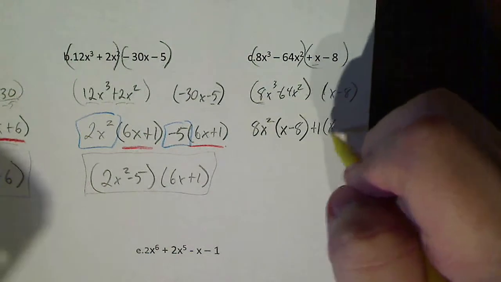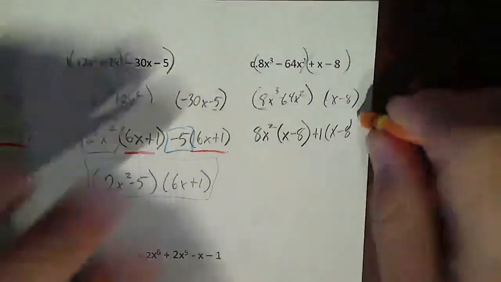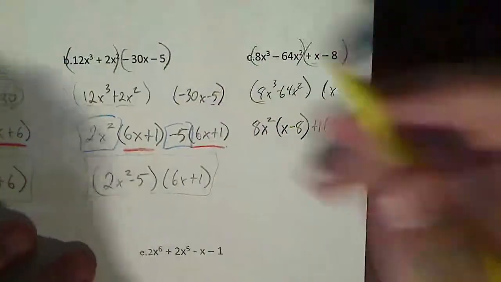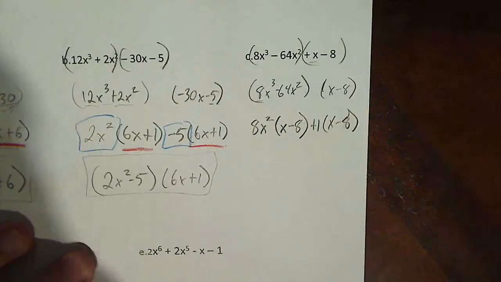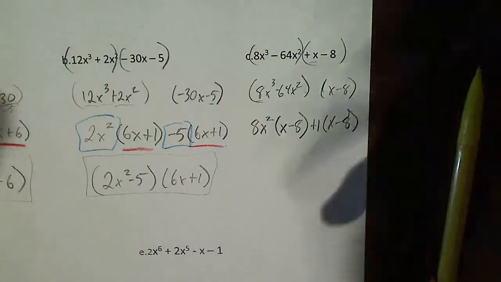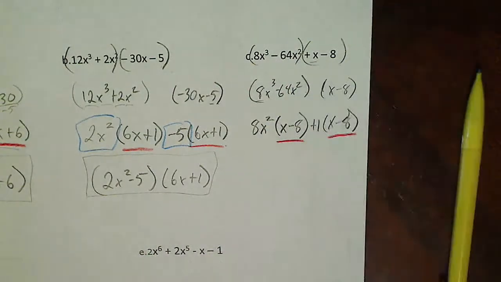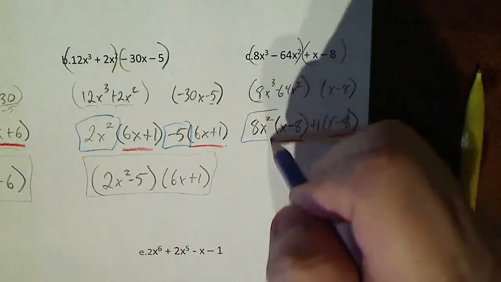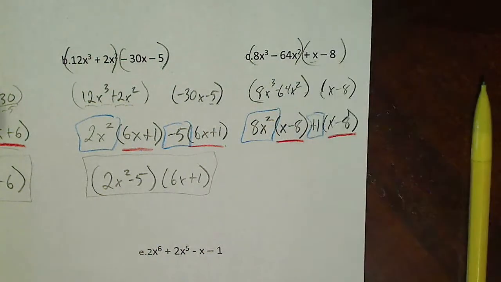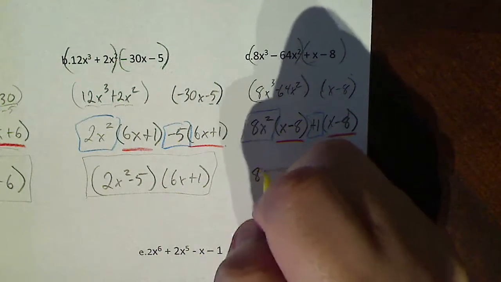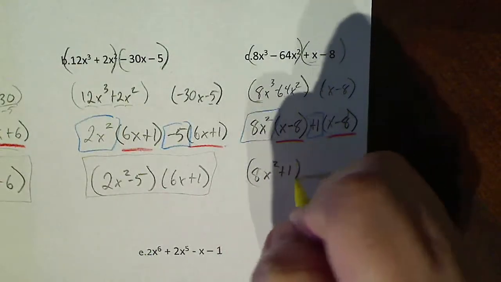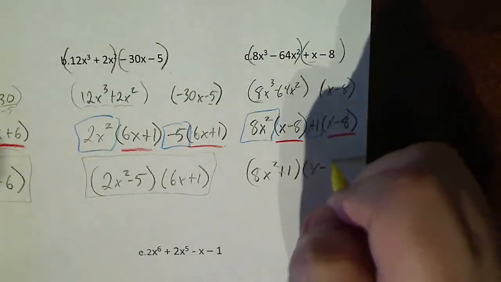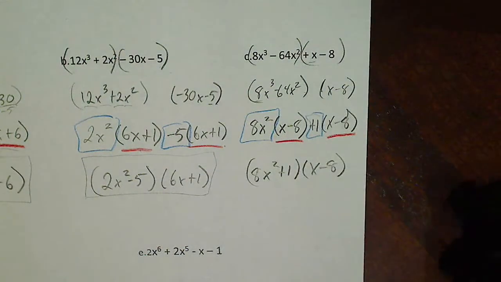And that would leave me with x minus 8. So if I can't remove anything, it's just going to be a plus 1 automatically. And again, these two terms should match up. So my GCF terms are what I'm going to rewrite as my first factor. And then my two similar terms will be my second factor.